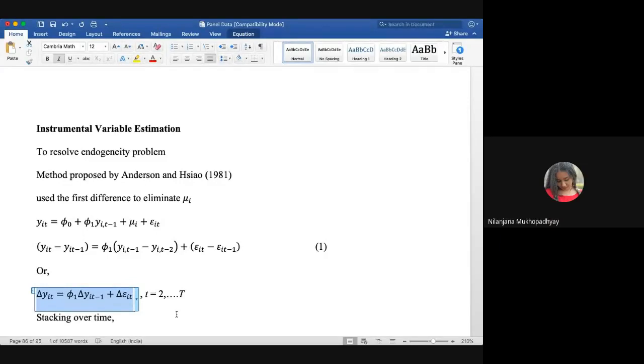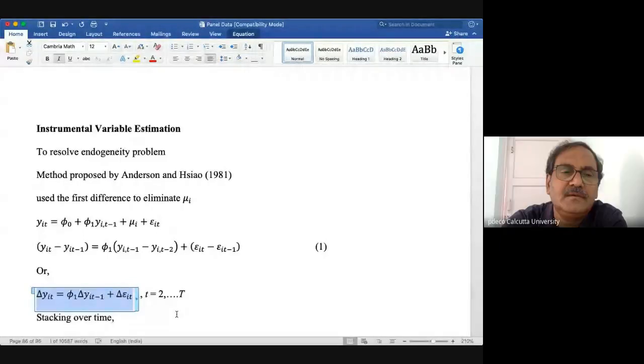Now look at the structure of equation 1. In the random error, there are two terms, epsilon IT and epsilon IT minus 1. In the regressor, YIT minus 1 and YIT minus 2.